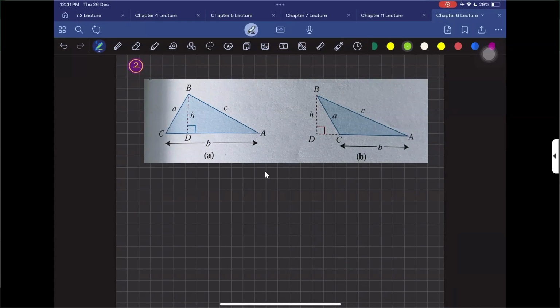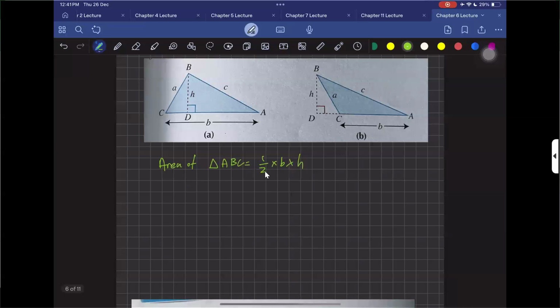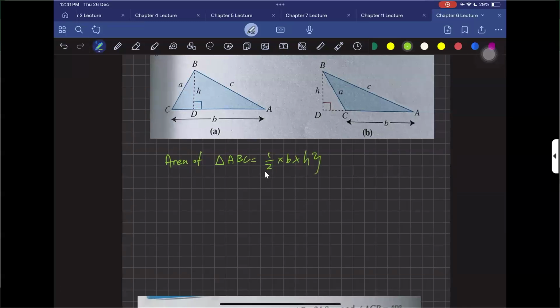If you want to find the area of ABC, you do half times base times height. So your base in this case is B, and your height is H. This is given that the base and height are known.